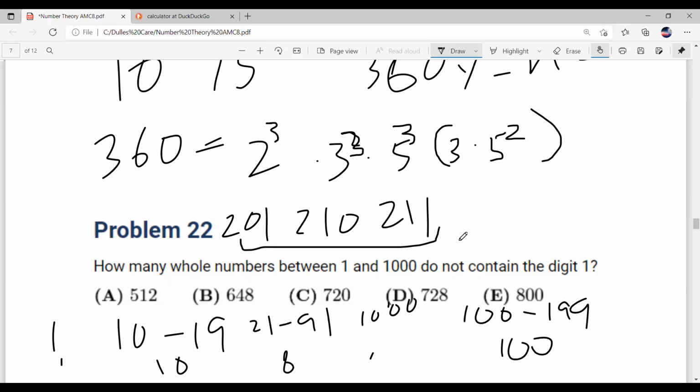Wait a moment, what would be 18 times 8? It would be 19 times 8, sorry about that. 19 times 8 is 152, plus 100, plus 19. That'd be 271, or 272 rather, and then we would just do 1000 minus that, and then we get that D is our answer.